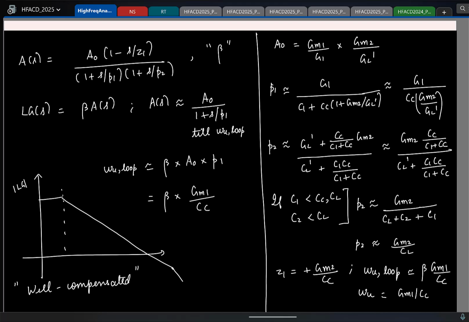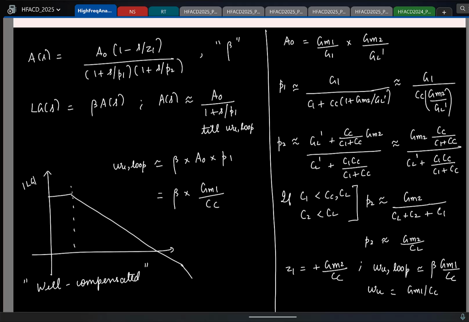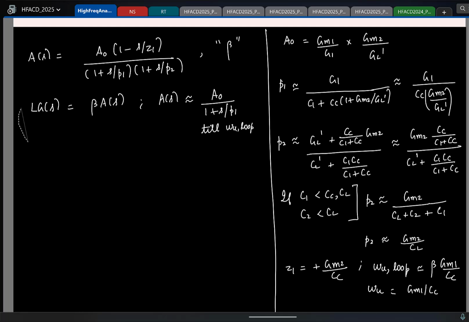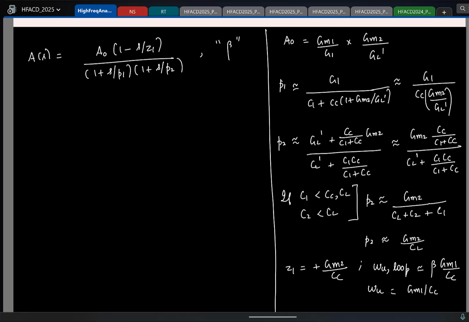Okay, so now we have the results. Let's write the expression for phase margin. So I know the unity loop gain frequency. To find the phase margin, what will I do first?